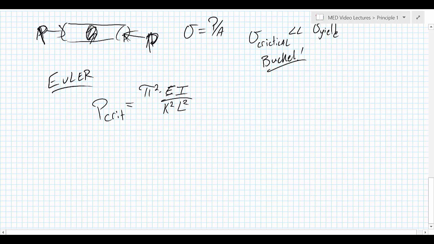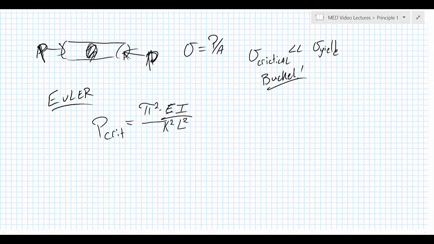And there's a couple different formulations for this. But the way I'm using it is k, where k depends on how we actually fix this thing. So the equation straight over, the first way Euler looked at this situation was both ends pinned.